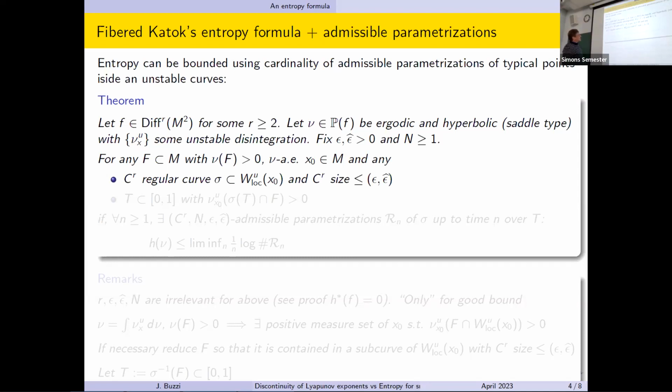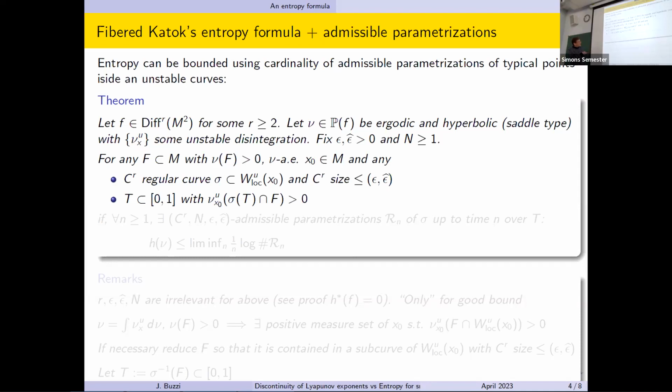With the following property: you can parameterize the local unstable manifold at x0 with something of C^R size epsilon hat.